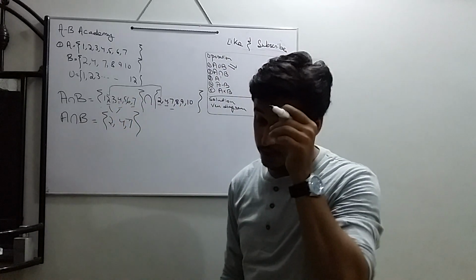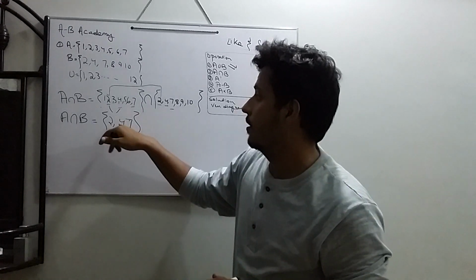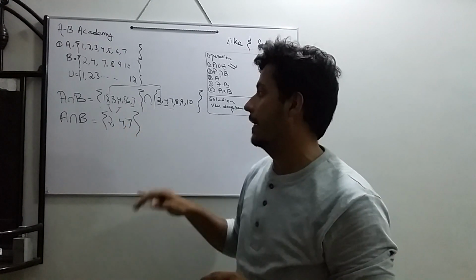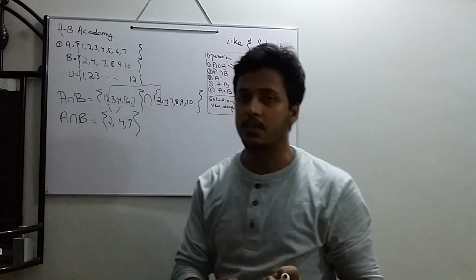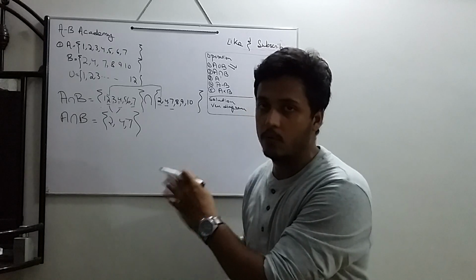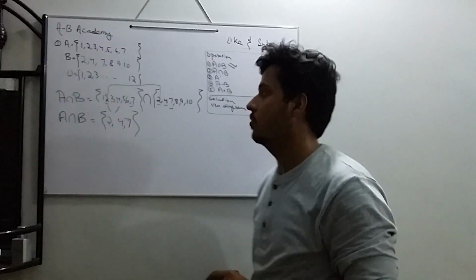These 3 numbers are repeating in both of the sets, so they must be written down in this intersection set, and this is the function of intersection, that is taking out the common elements from both of the sets. Okay, I hope you guys have understood this also.